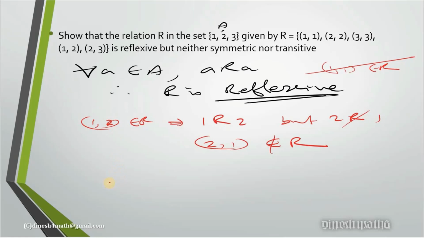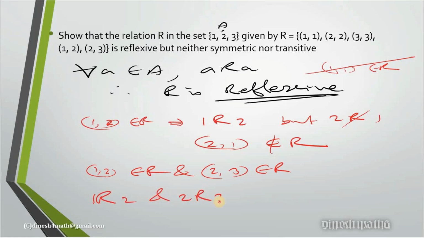Now, in the same way, to say non-transitive, say (1, 2) belongs to R and (2, 3) belongs to R. Or in the notation we have used, we can say 1 is related to 2 and 2 is related to 3, but 1 is not related to 3. This means (1, 3) does not belong to R. So it is not transitive.